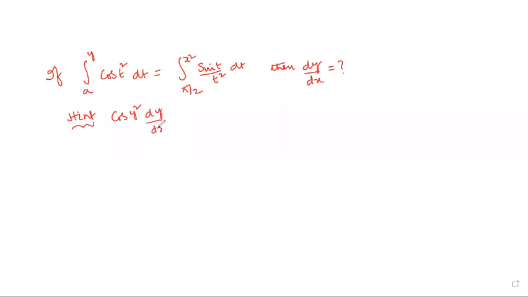Okay? Right. Next, minus the lower limit: cos of a square, times the derivative of a with respect to x. Right side also, we can see. Here also I will write the upper limit: sine of x square by x square whole square, into d of x square by dx.